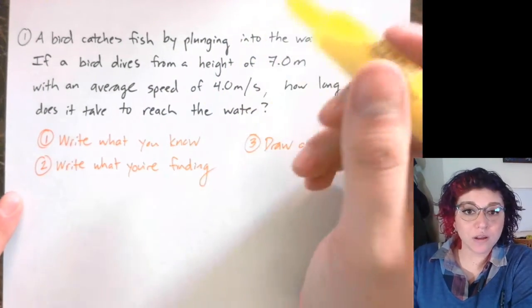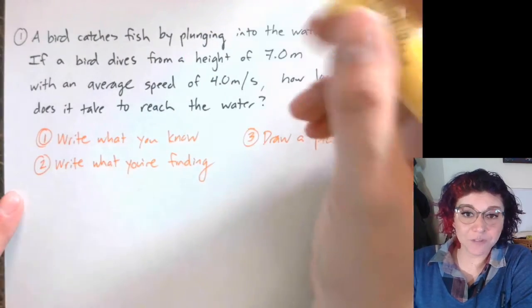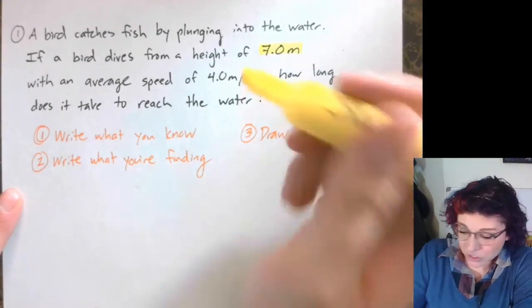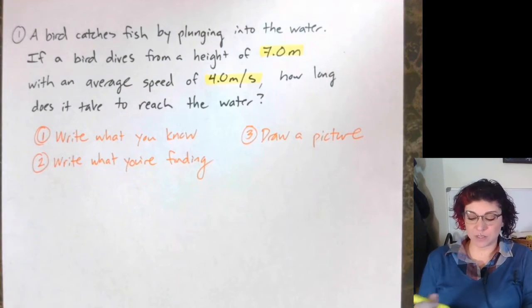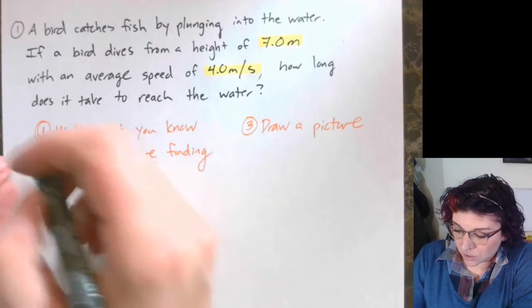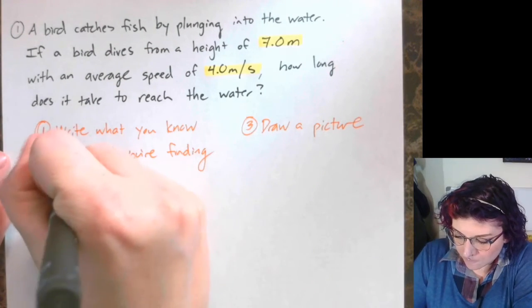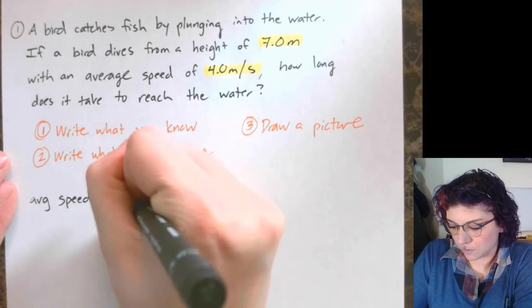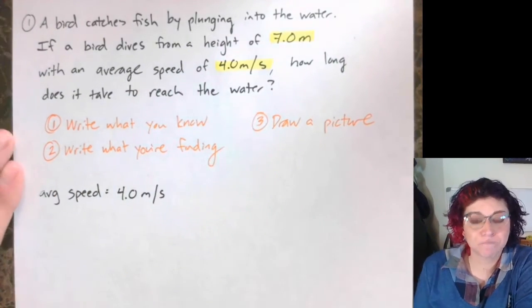All right, what I do know. So I know that it dives from a height of 7 meters with an average speed of 4 meters per second. So I'm going to write down my knowns. So average speed equals 4.0 meters per second.